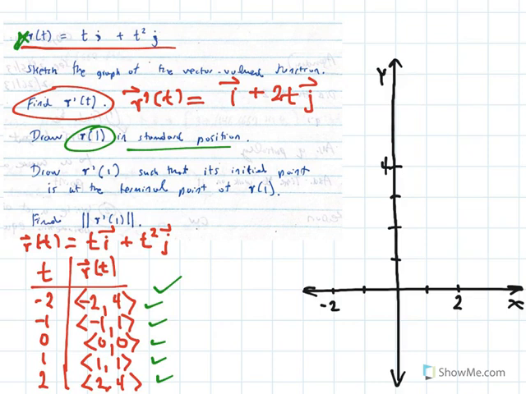The terminal points will be at (-2, 4), (-1, 1), (0, 0), (1, 1), and (2, 4). Because the increasing values of t go from left to right, the orientation of the curve is from left to right.